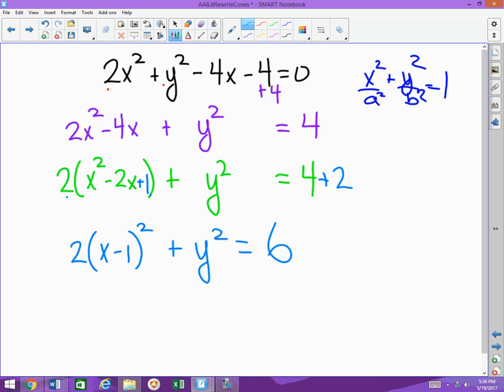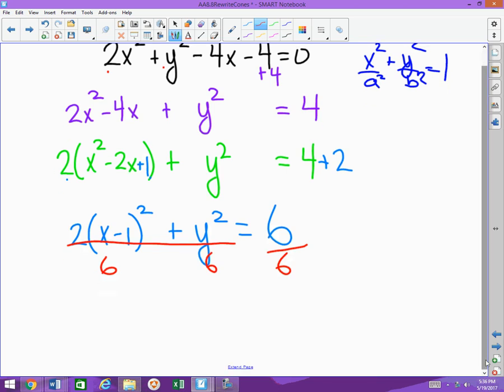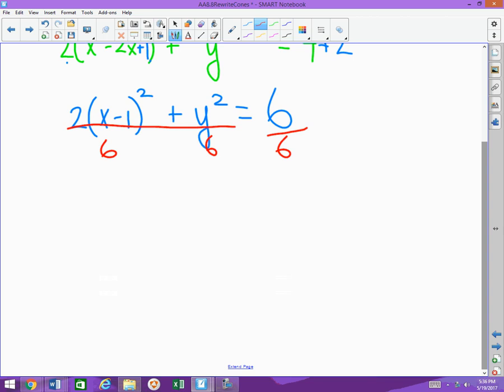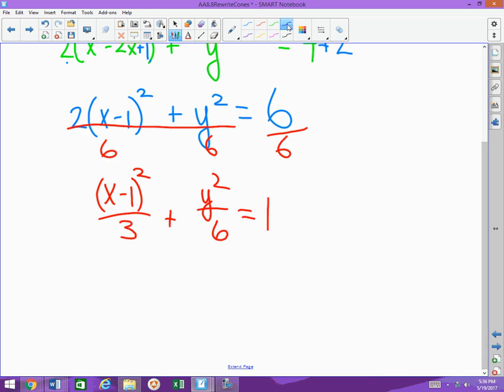Now, to get it into the correct form, we divide both sides by 6. Our final equation is x minus 1 squared over 3 plus y squared over 6 equals 1. Now we know the center is at 1, 0.